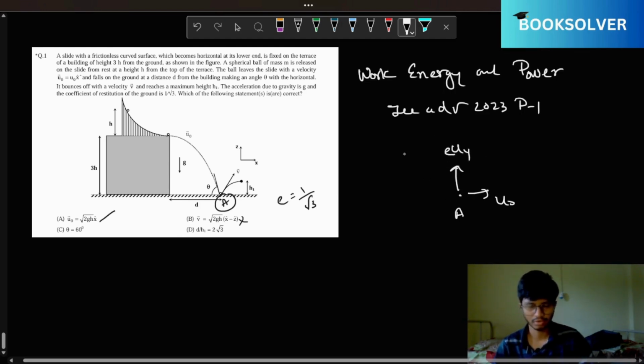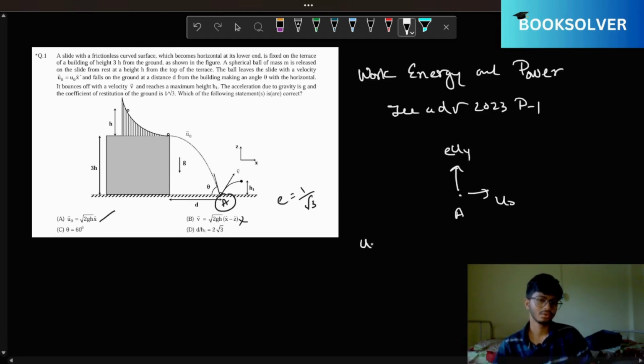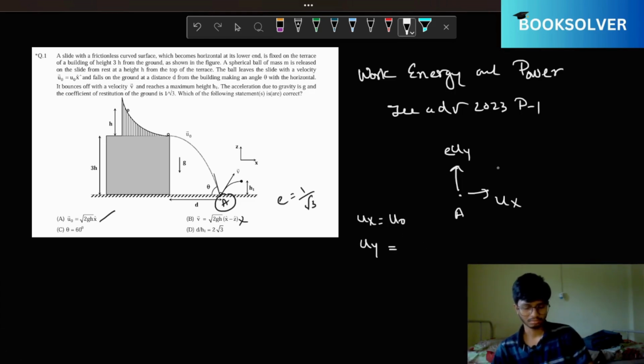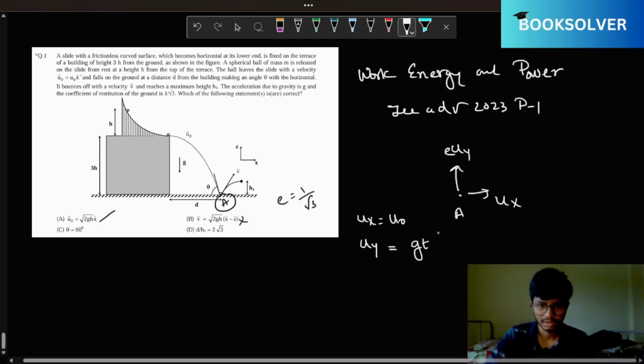Then there will be e times uy, because we have a coefficient of restitution. Let's call it ux, and ux is equal to u naught. For uy, v is equal to u plus at, so u is 0, so it's gt, where t is the time of flight.